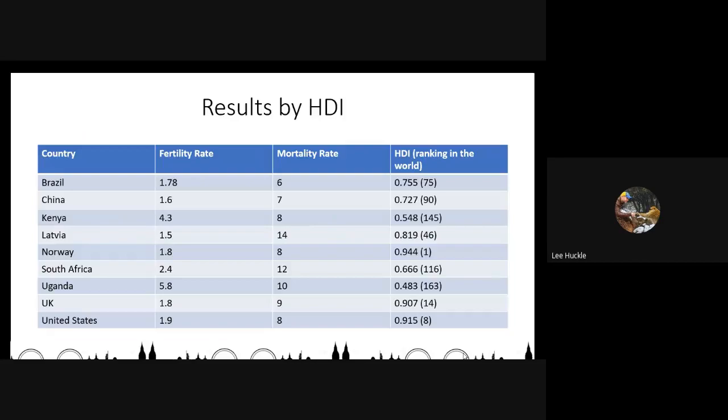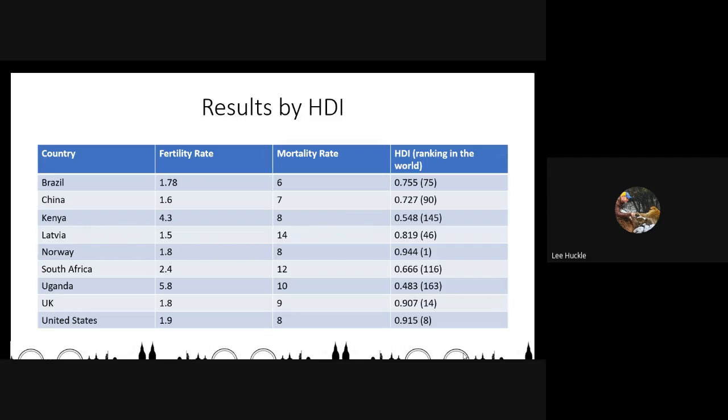And here I would have introduced the Human Development Index. If you remember back to GCSE, the Human Development Index looks at a range of different indicator figures, social and economic together, and comes up with a ranking from 0 to 1. The closer a country is to 0, the poorer or least developed it is. The closer it is to 1, the richer or more developed the country is.